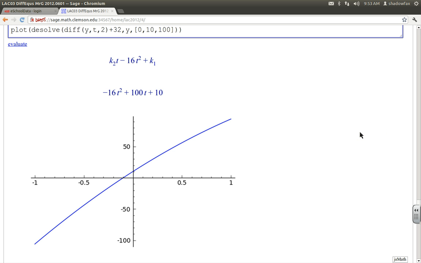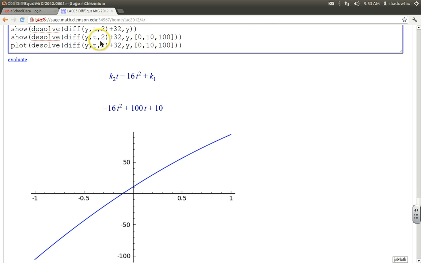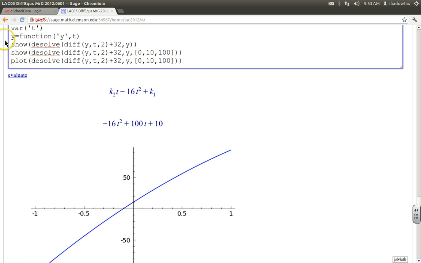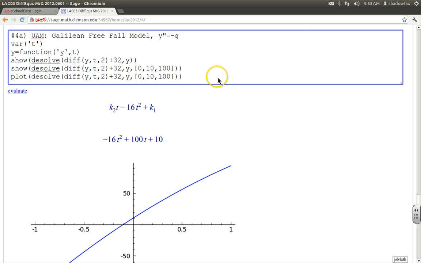When is that? Well, let's change the window.